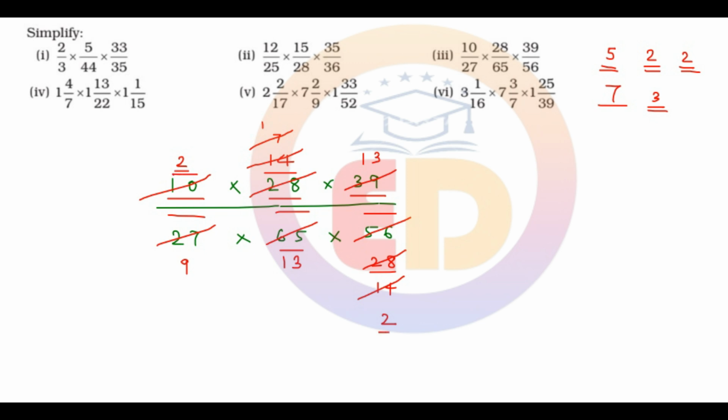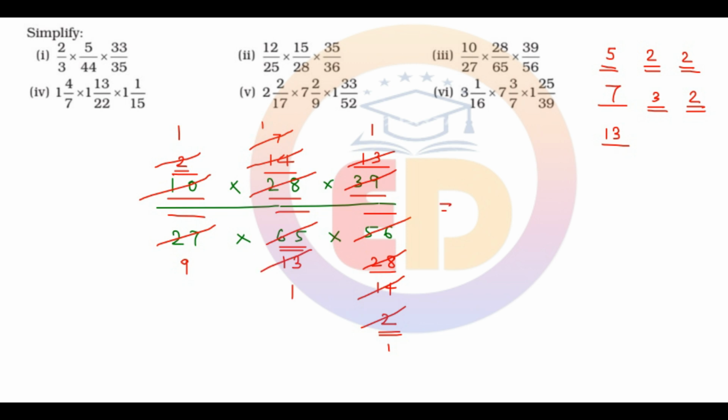In the denominator, I have 2. Let us divide both by 2. This will give us 2 ones are 2. And here also I'll get 2 ones are 2. Now, in the numerator, I have 13. In the denominator also I have 13. They both will be divisible by 13 as 13 ones are 13 and 13 ones are 13.